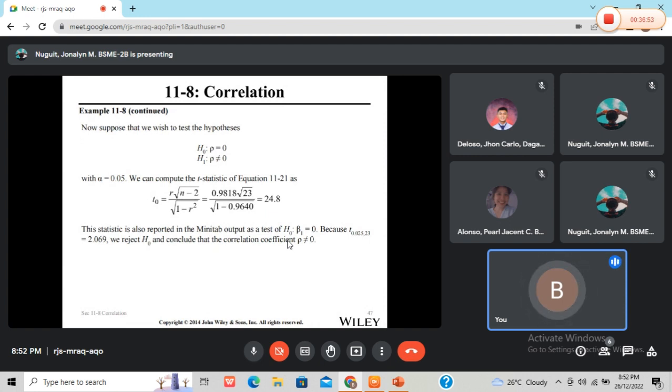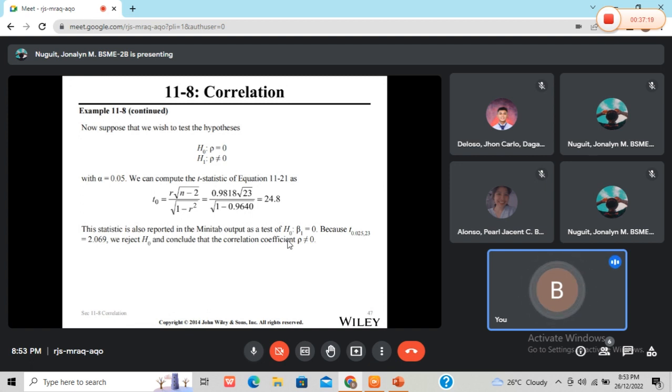Our R is 0.9818, square root of 23 over 1 minus 0.9640, which is equal to 24.8. This statistic is also reported in the Minitab output as a test of the null hypothesis that beta 1 is equal to 0.